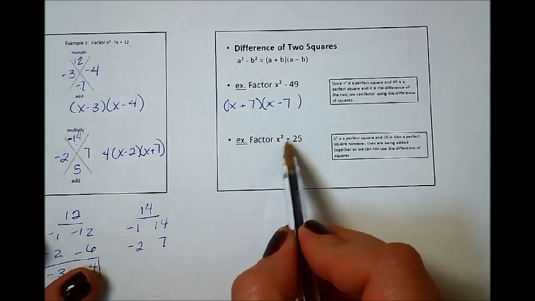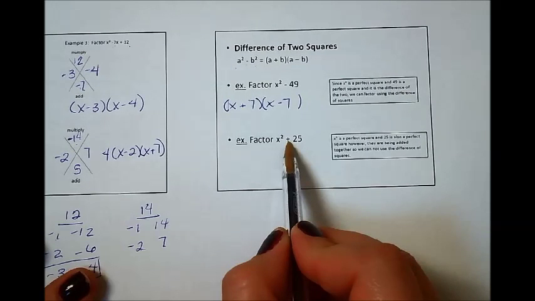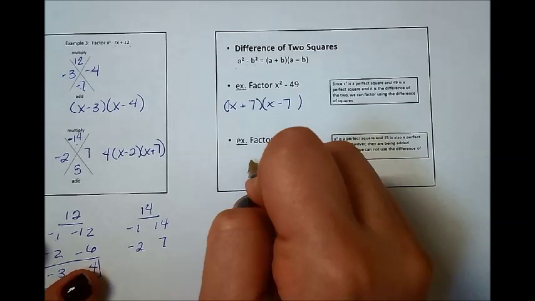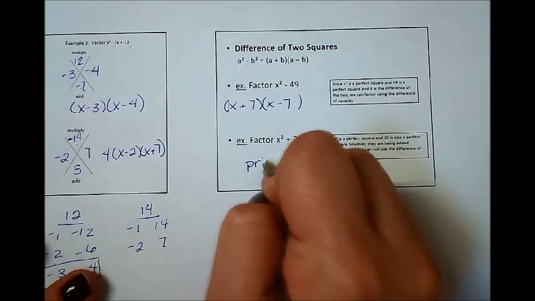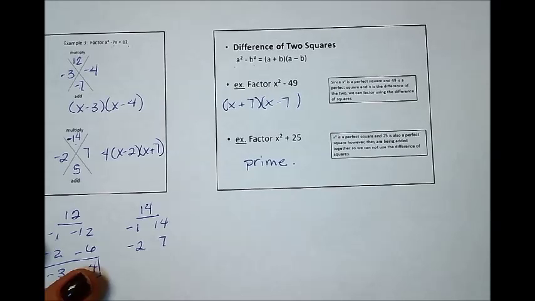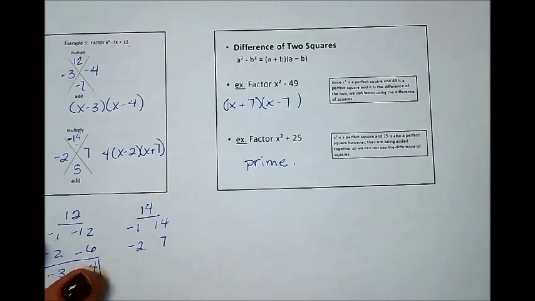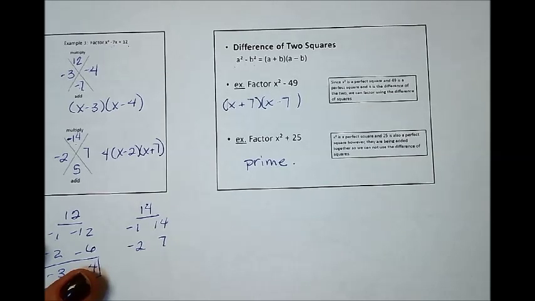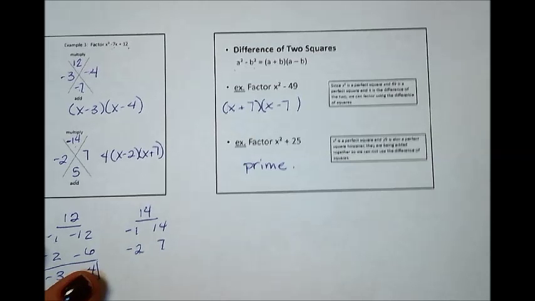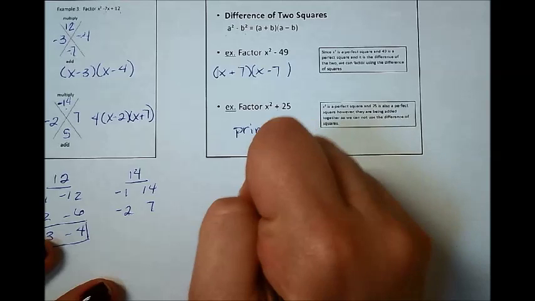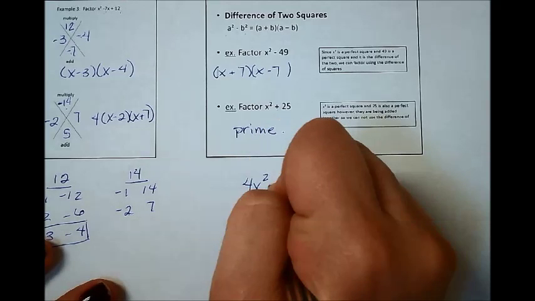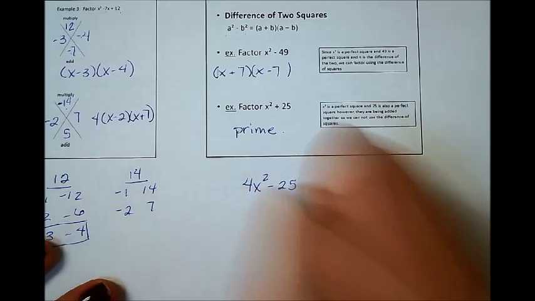Okay, if there's a plus here, stop. You cannot do this with real roots if there's a plus, which basically means at some point in life we'll show you something that will have some sort of answer, but for right now it's prime. In your homework you'll have a question like this: 4x squared minus 25.